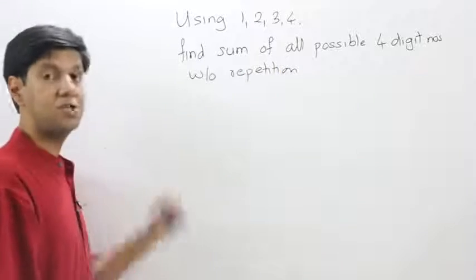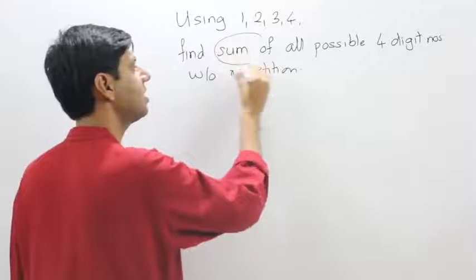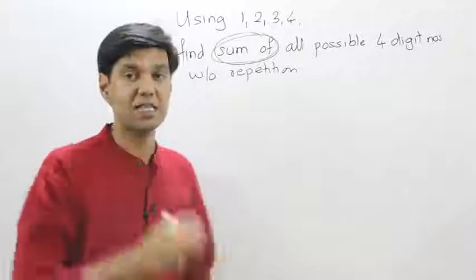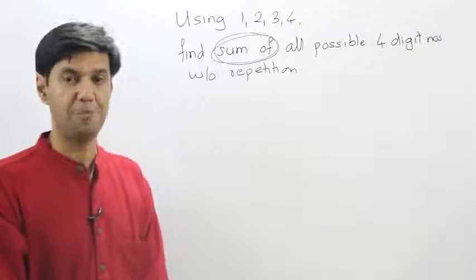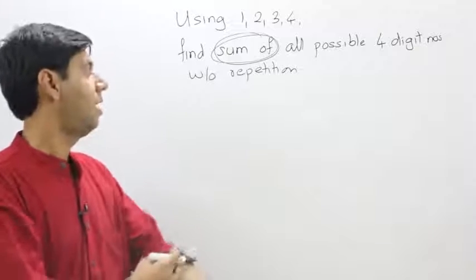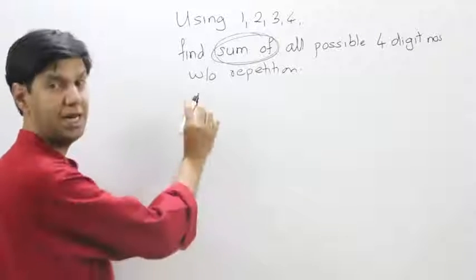This question is different because it is asking us the sum, and it's not asking us how many numbers we can form. What is the sum of them? We know how many numbers can be formed.